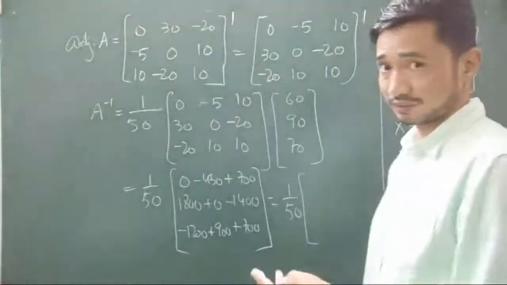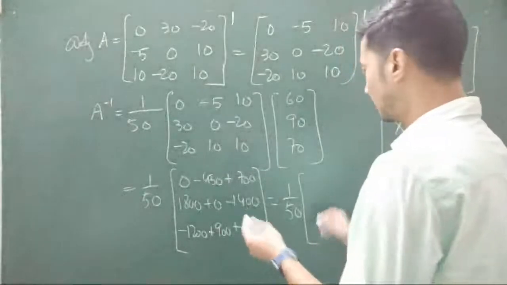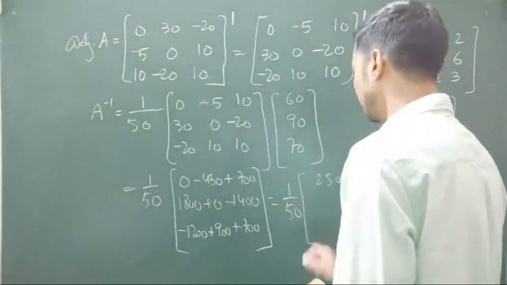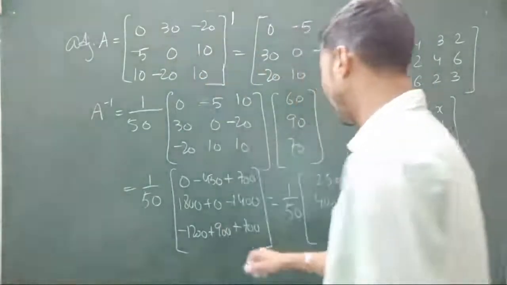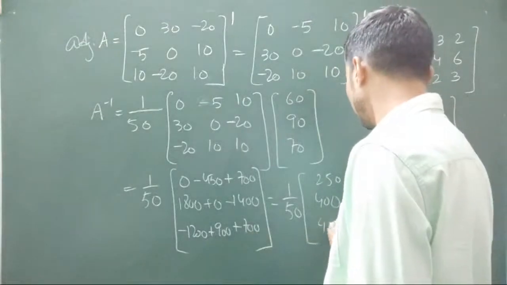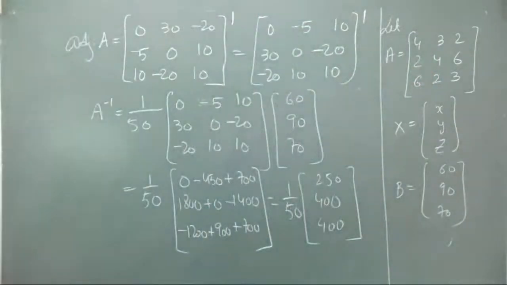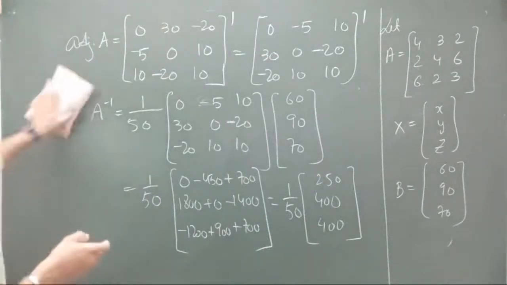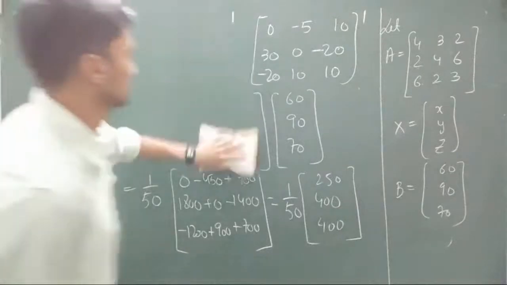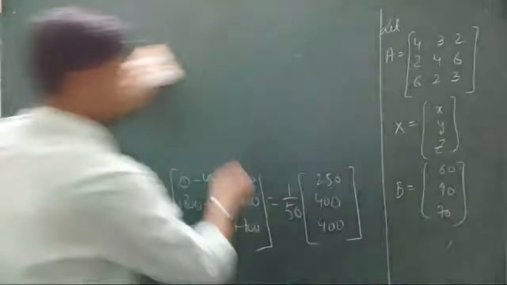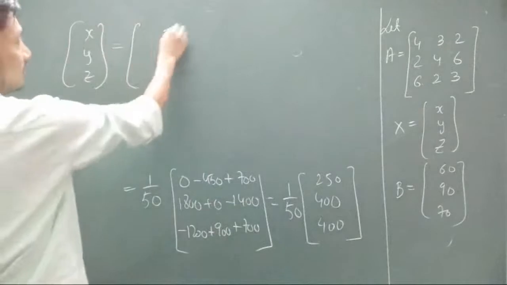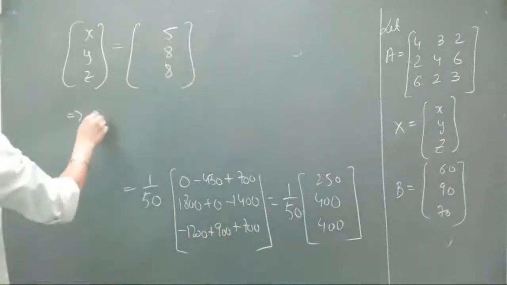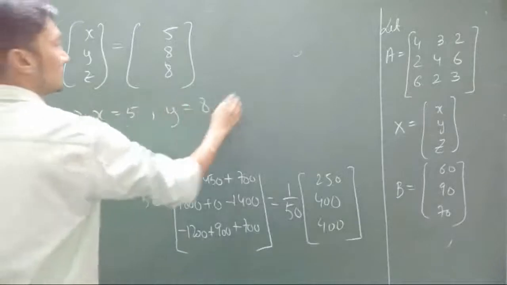So 450, 550, 650, 750. 250, minus, that's 400, 16, that's again 400. 250, 400, 400. So that value x, y, z will be 5, 8, 8. So that implies x is 5, y is 8, z is 8.